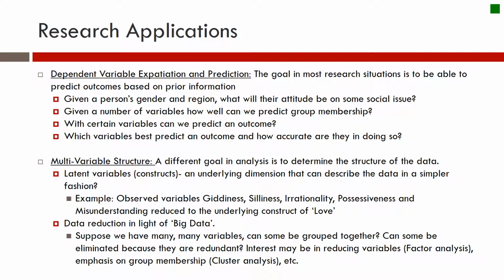I might need to narrow that down, so maybe through data analysis I find 5 or 6 features are all very similar to each other, and so I treat them together as one feature as opposed to 5 or 6, and I've reduced my data set from 5 or 6 variables down to one variable. That's a data reduction idea. And again, we're looking for structure, and for connectedness between variables that would allow us to make such a change.